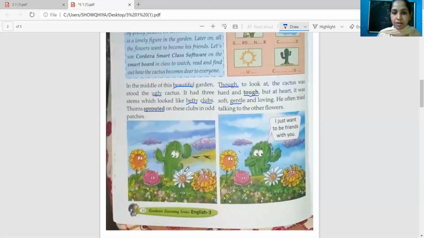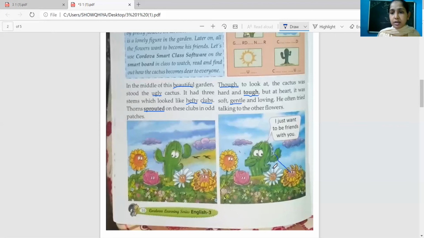There is a sunflower, a lily, and a rose here, and the cactus is here in the center. It looks a little bit ugly. So these are the flowers, whereas the cactus plant is not so beautiful as the other flowers.